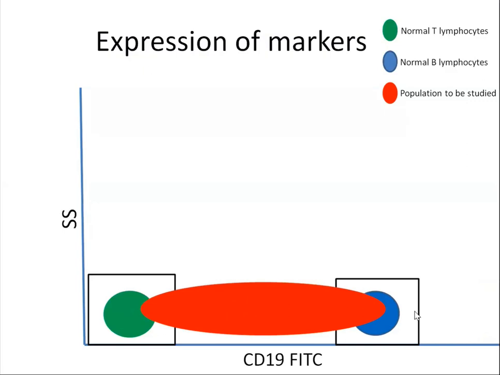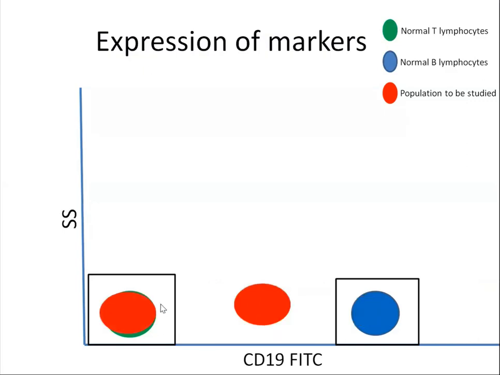Now, if the same blast splits into two populations, one falling in the negative region and one falling in the positive region in a dimmer fashion, then I would call this partial dim. If I have two populations, one falling in the negative and one falling in this particular area, I call it partial moderate. When I have two populations, one falling here and one falling here, I would call it partial bright.